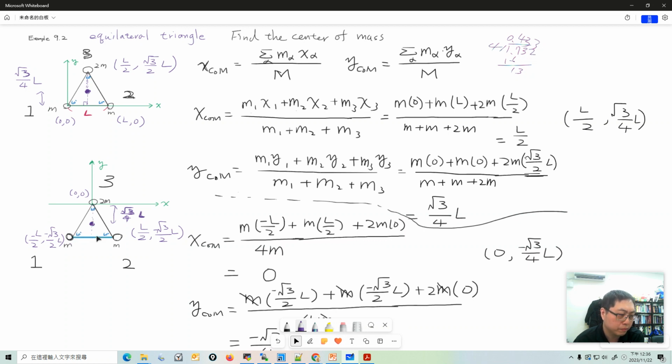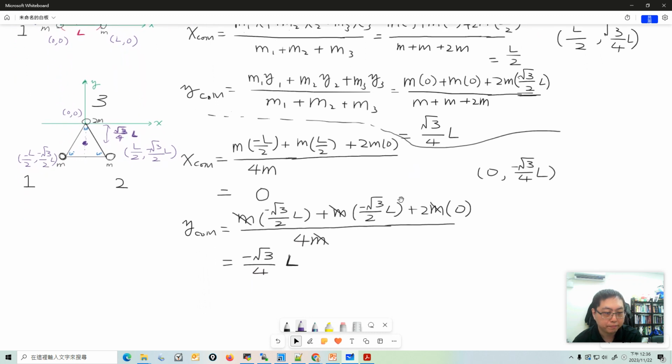It's the middle because it's L over 2, and this is square root of 3 divided by 4, and the total length is square root of 3 divided by 2 times L. So it's right at the center of this side, and this is right at the center of this side. So its relative position is the same.